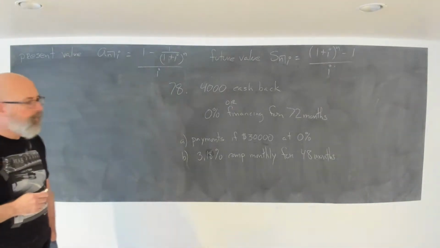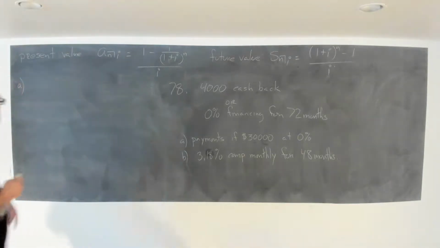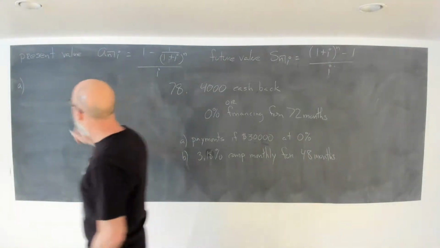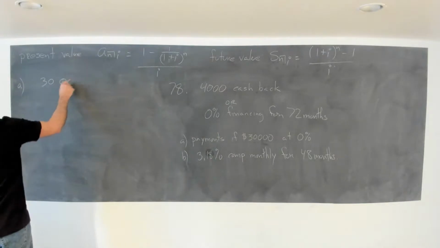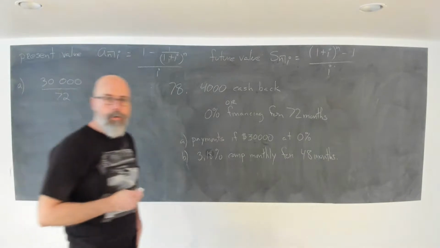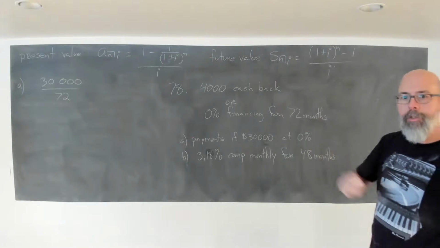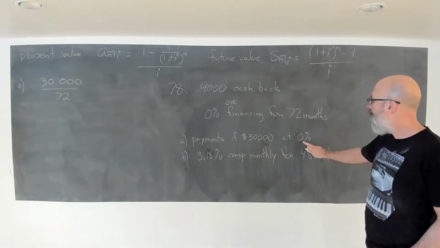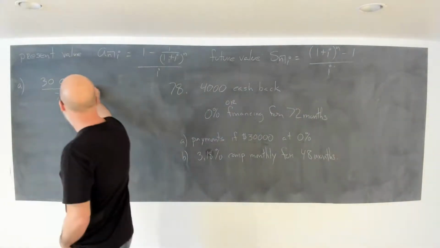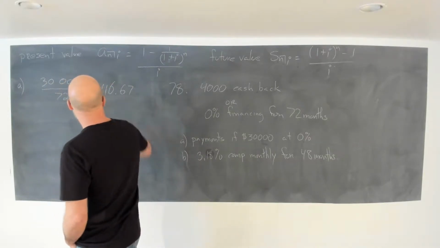What are the payments? For A, the payments are $30,000 divided by 72. And there's no interest here, 0% interest. For $416.67.